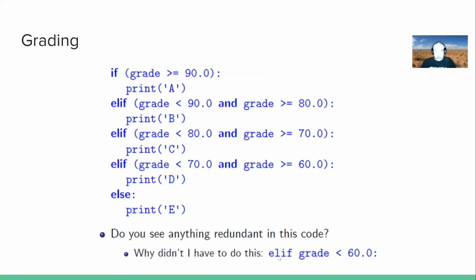So the answer to that first part is you don't actually need a conditional here, because this last statement is already asking if grade is greater or equal to 60, and all of the other conditions above that assume that grade is greater than 60, then we know that if this is false, and this is false, and this is false, grade is necessarily smaller than 60, and so every other possible case is going to print an E, right?